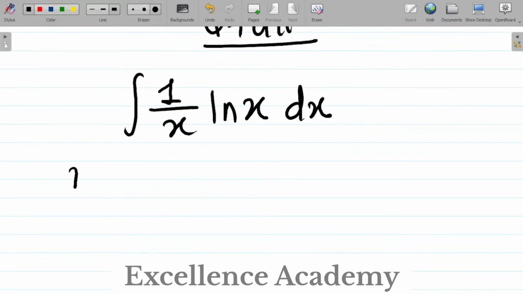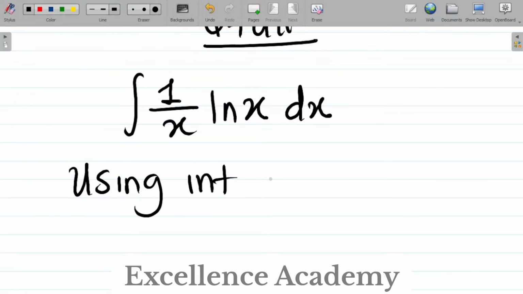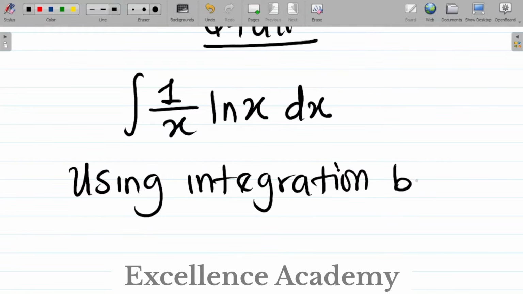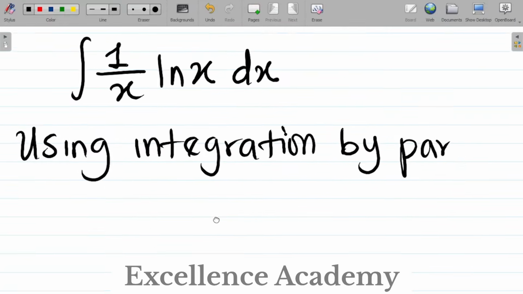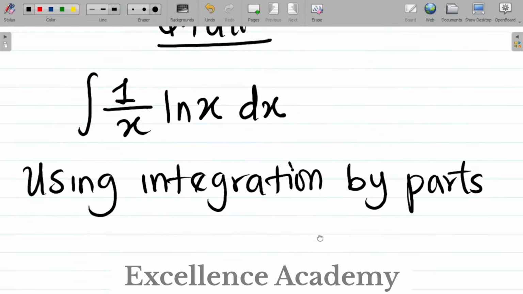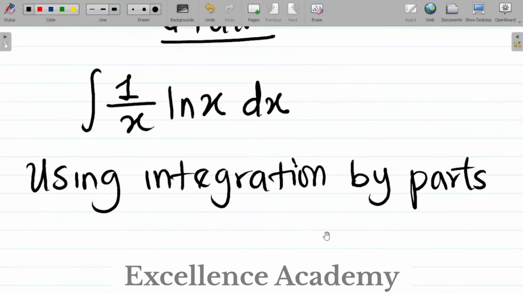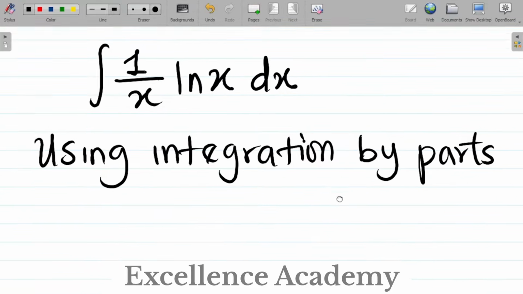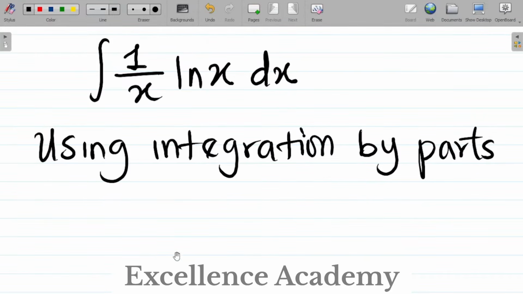So how do you solve this question? For integration by parts, you need u, you need du, you need v, and you need dv, as I explained in our previous class.